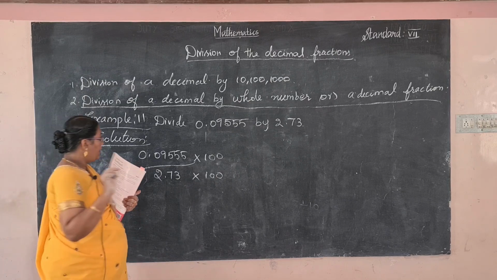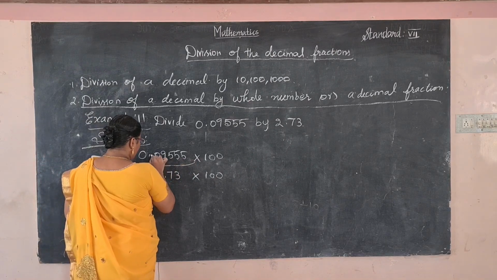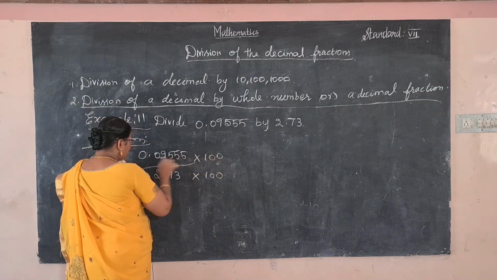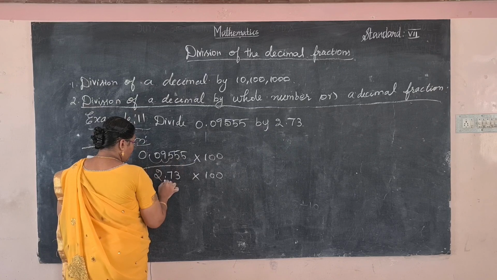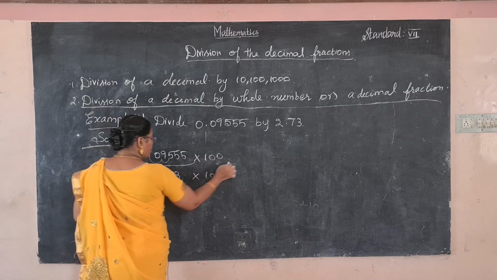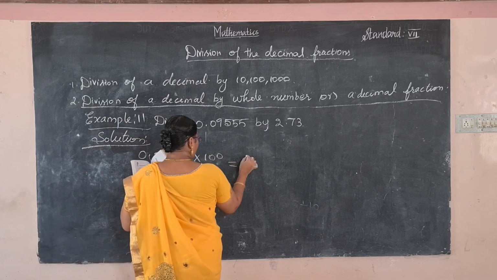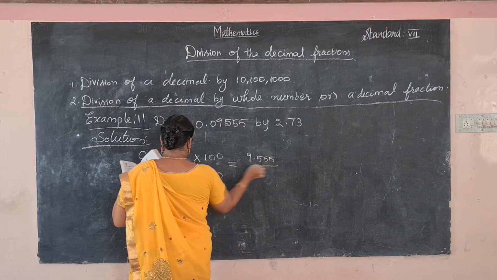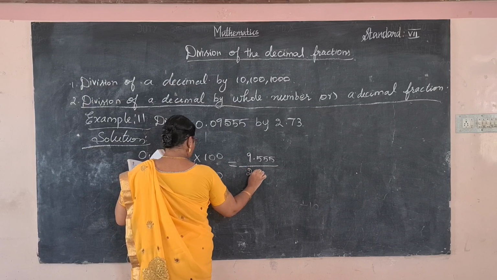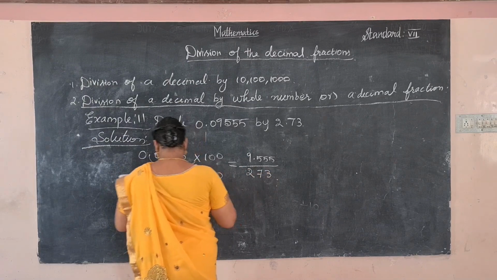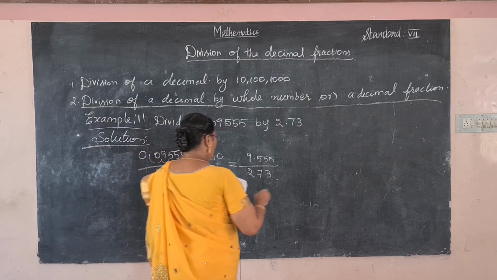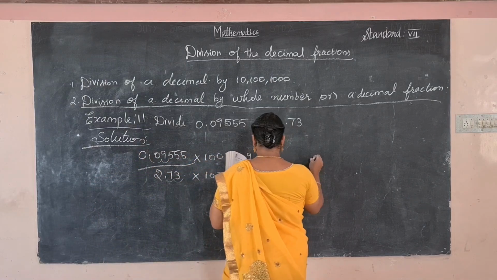Okay, right. So multiply, the decimal point moves to the right side, 1, 2. So the answer is 9.555 by 273. Now you have to divide using the long division method.